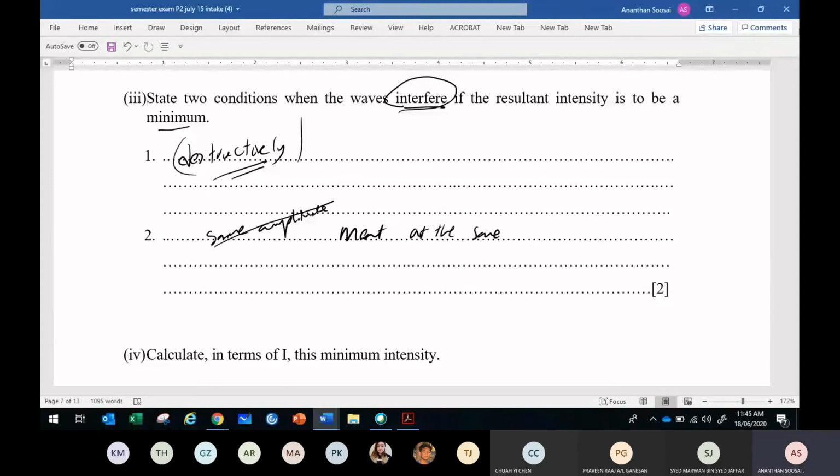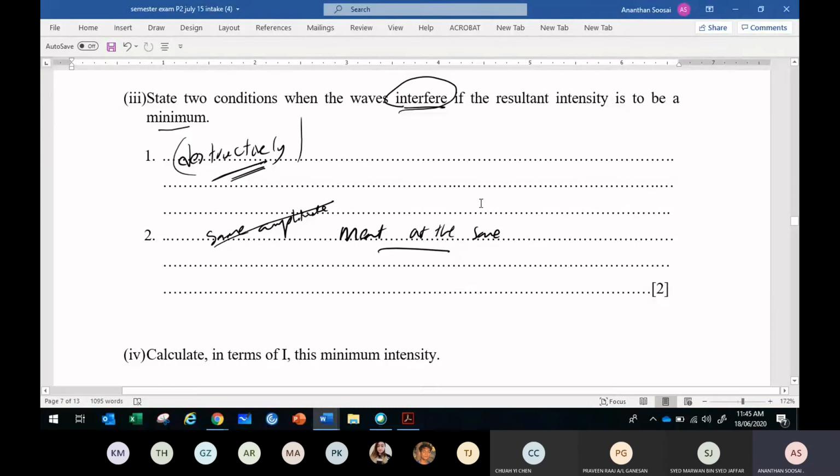Polarization, I think no need to include. Meet at the same point, and it must interfere destructively. Okay.